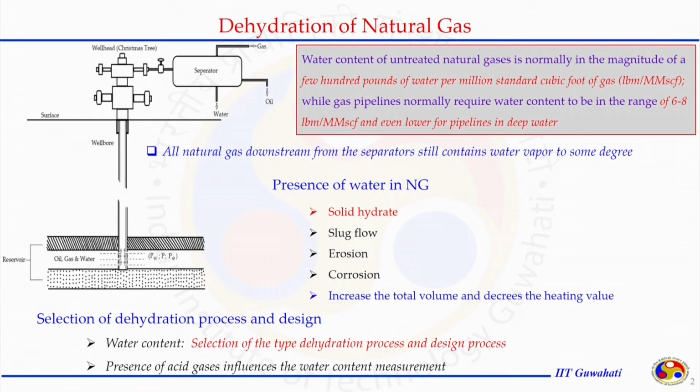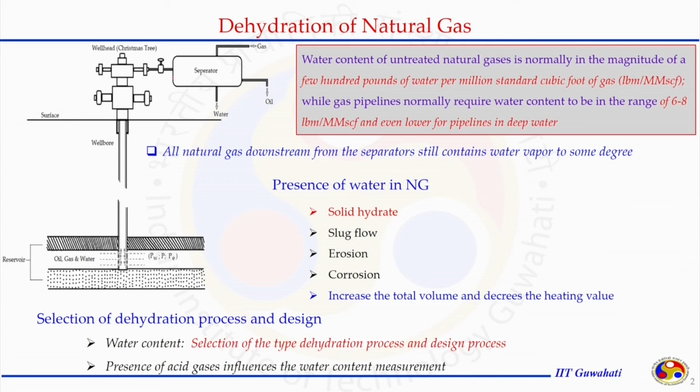When we look at our production system, we see that when the gas reaches the surface facilities, it meets a separator. The separator is going to separate the phases of the fluid that is getting produced.